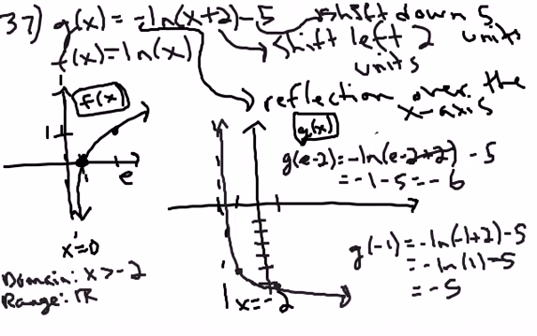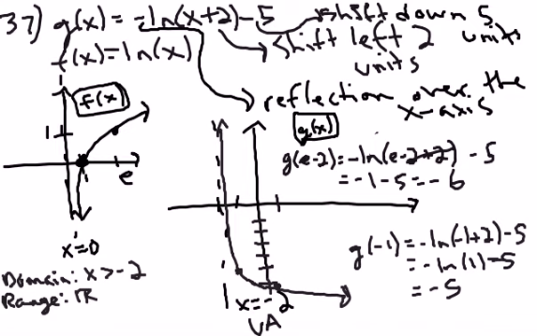Those we already have on here. There's a vertical asymptote at x equals -2. And then part C, describe the transformations. This is also why I graphed f of x. Part C is already up here. Reflection over the x-axis, shift left 2 units, shift down 5 units. So there's number 37.